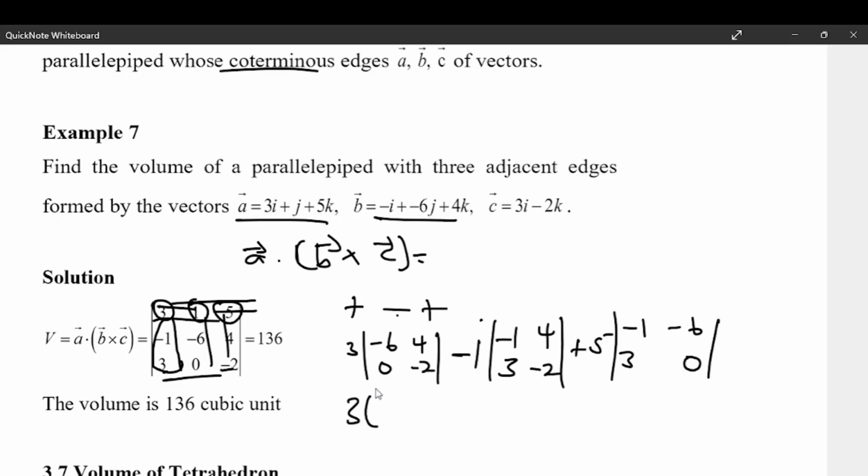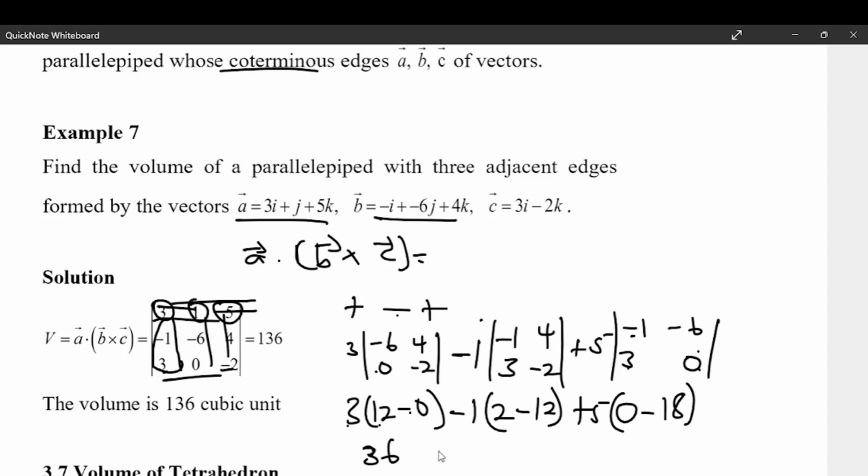So 3 into brackets, negative 6 times negative 2 is 12, minus 0 times 4 which is 0, minus 1 into brackets, negative 1 times negative 2 is 2, minus 3 times 4 which is 12, plus 5 into brackets, negative 1 times 0 is 0, minus 3 times negative 6 which is negative 18. So here we have 12 minus 0 is 12, 3 times 12 is 36.